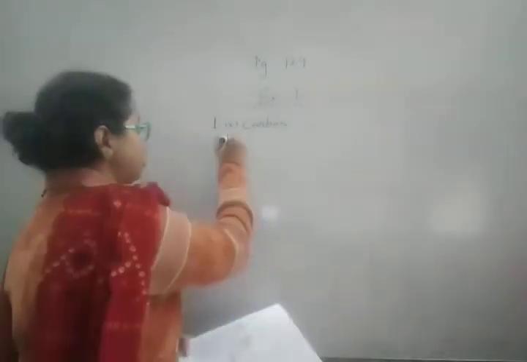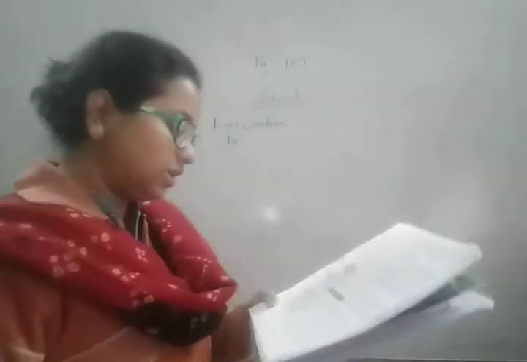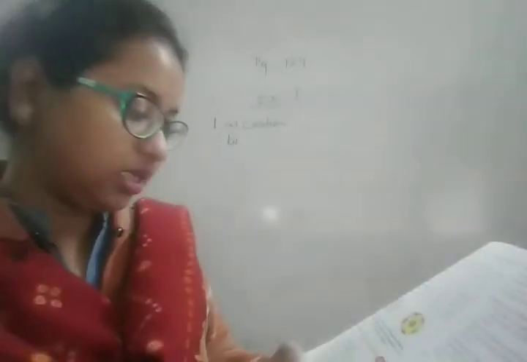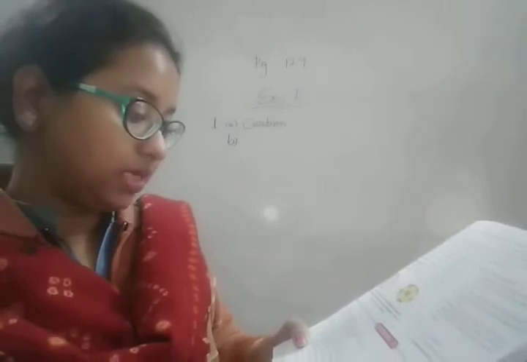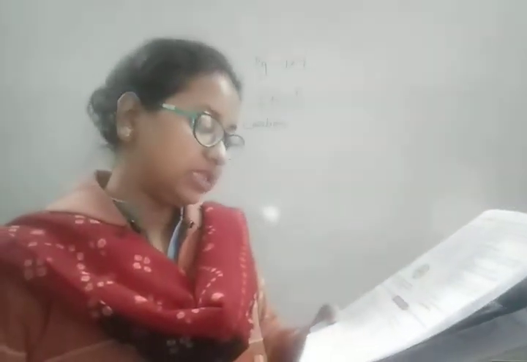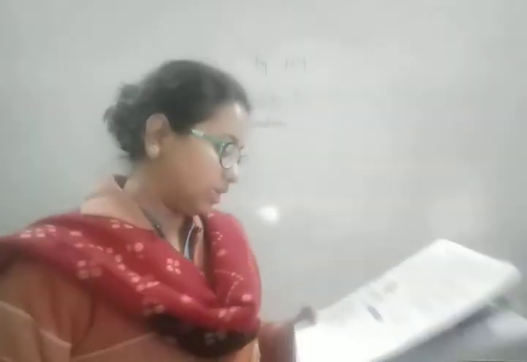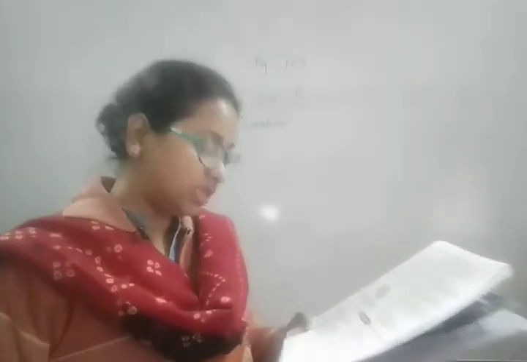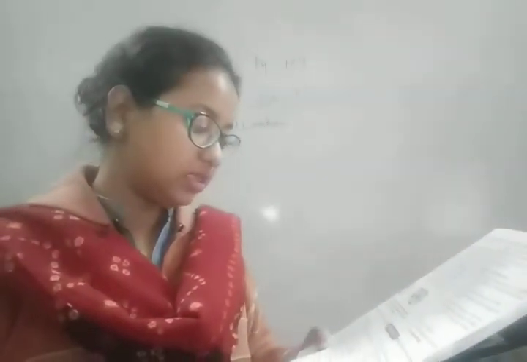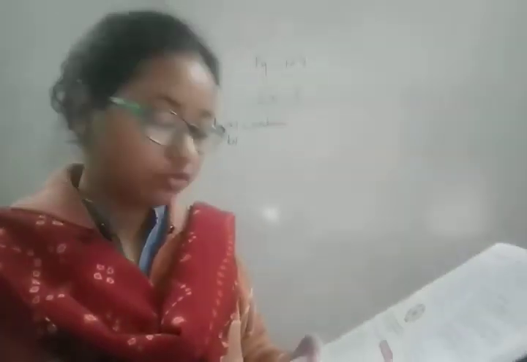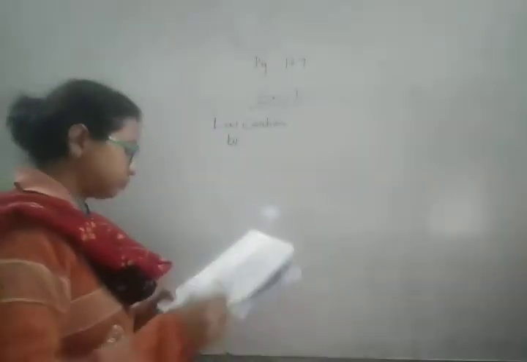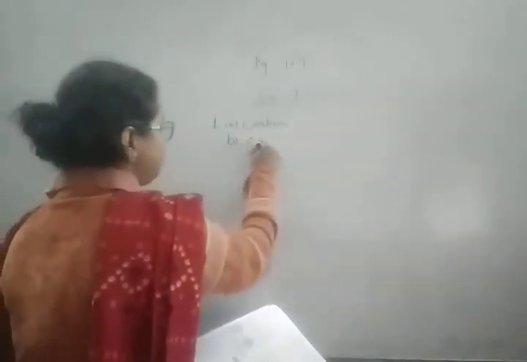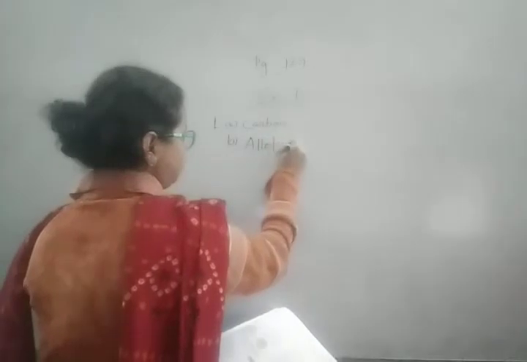Next, number B. The tendency of an element to exist in two or more forms but in the same physical state is called dash. This will be allotropy.